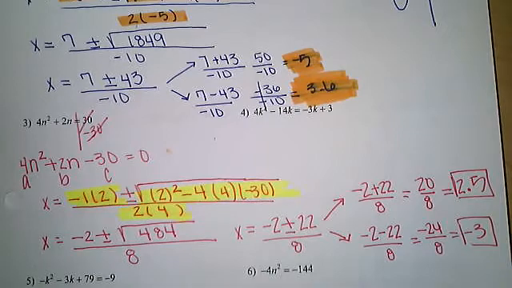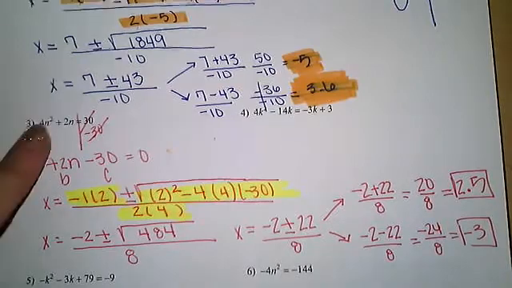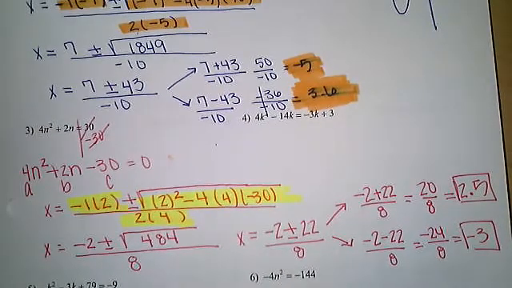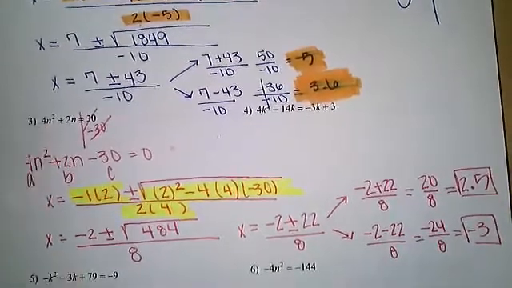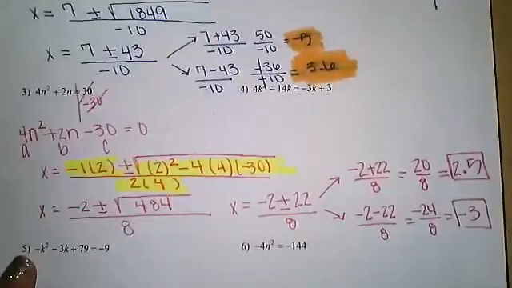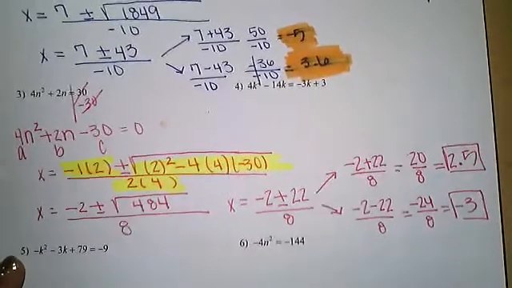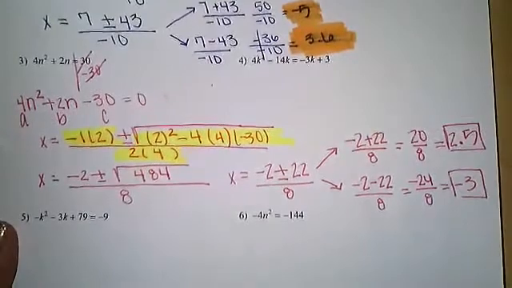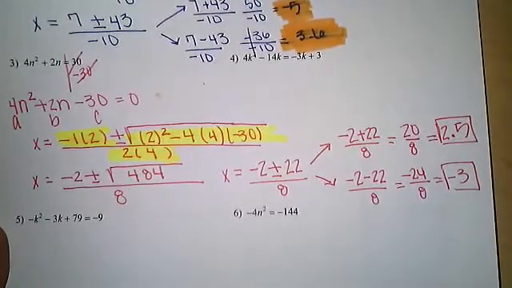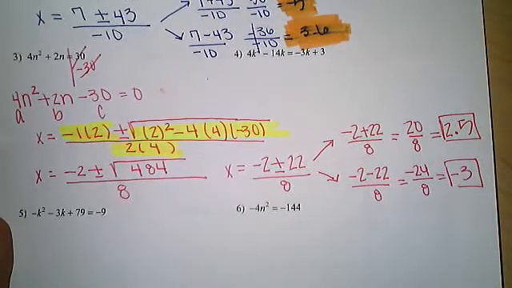I know we referenced that Beyonce song in our last video, everything in a box to the left. That really only works out nicely with factoring if this is positive. Since we're doing quadratic formula, you can still move everything to the left. So you kind of get to choose which way you want to move. Everything to the left might be more consistent for you and easier to remember.